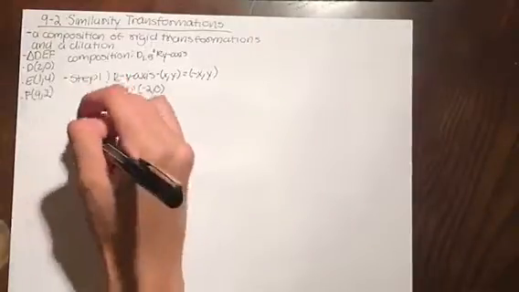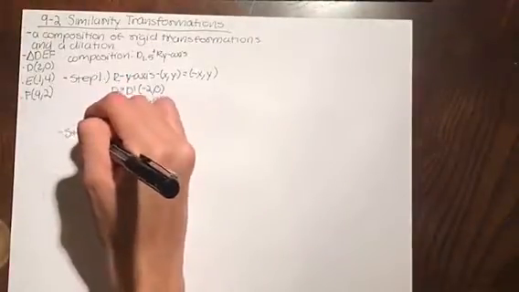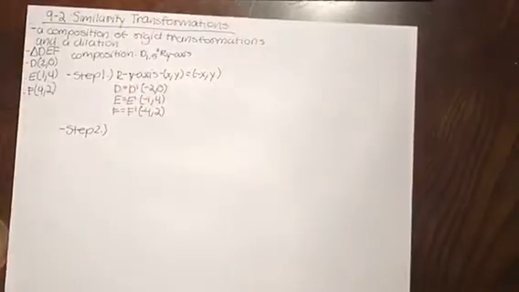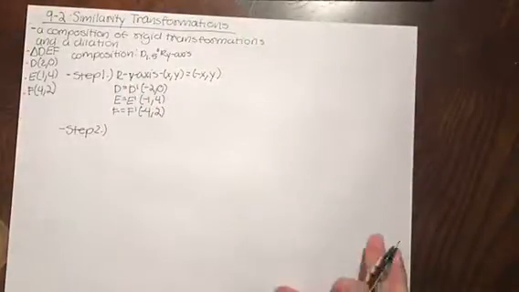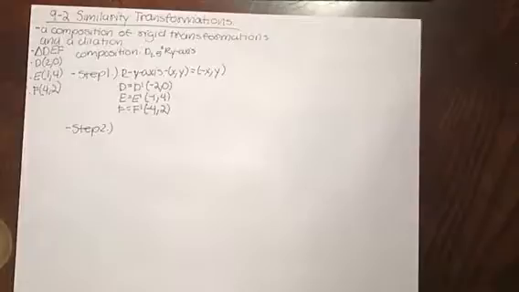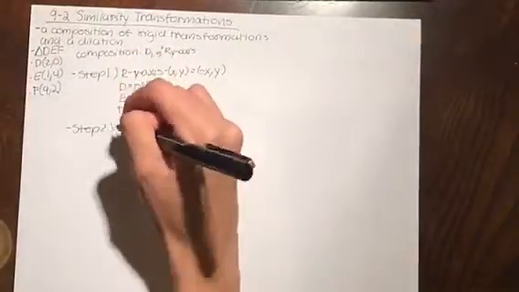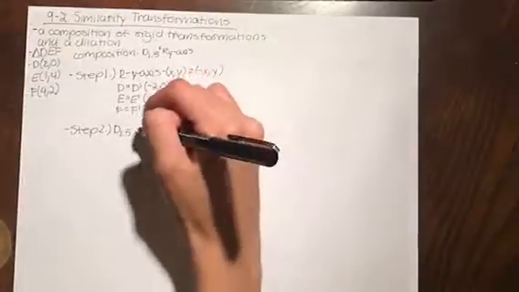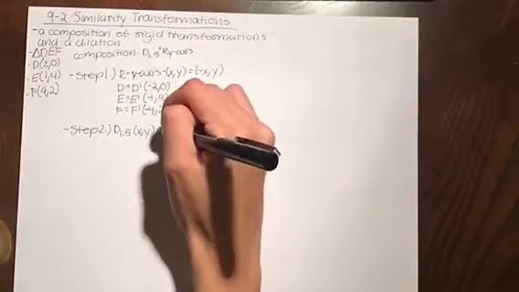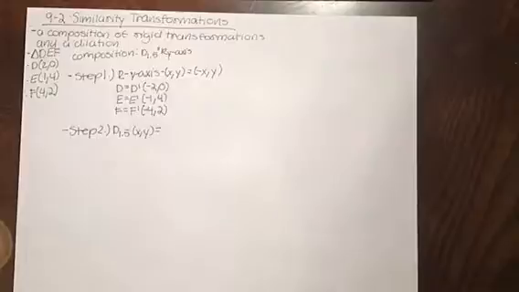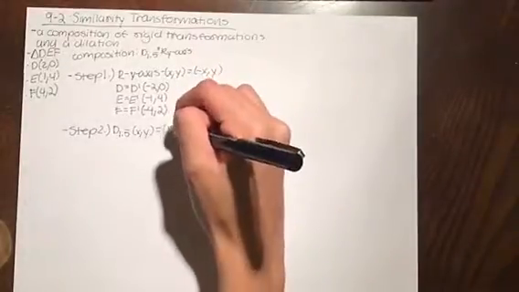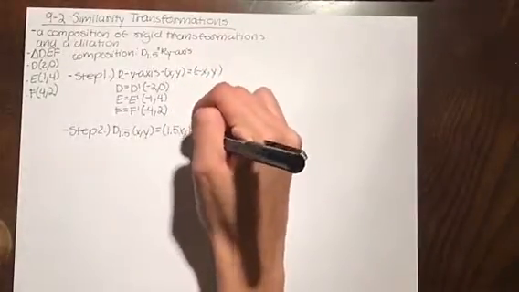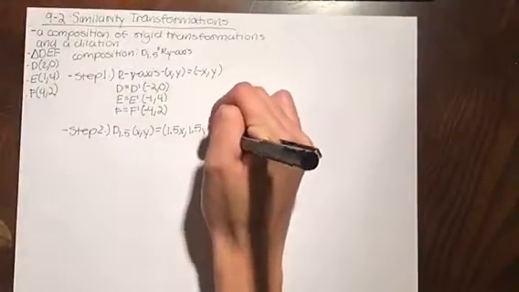Now you go to step 2, which is finding the dilation of D prime, E prime, and F prime by using the coordinate rule of the dilation of 1.5, (x, y), which equals (1.5x, 1.5y).